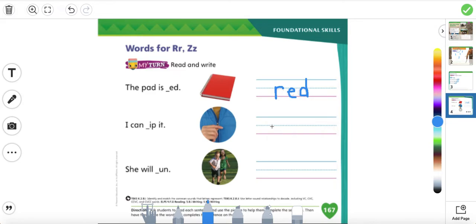Z. What makes a Z sound? The letter Z. Zip. Let's look at the next one. She will run. R is U, N is N.